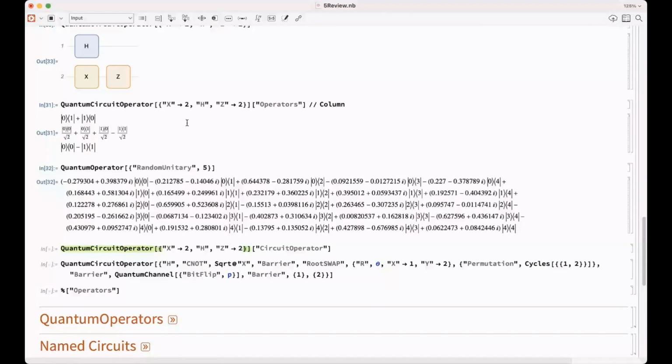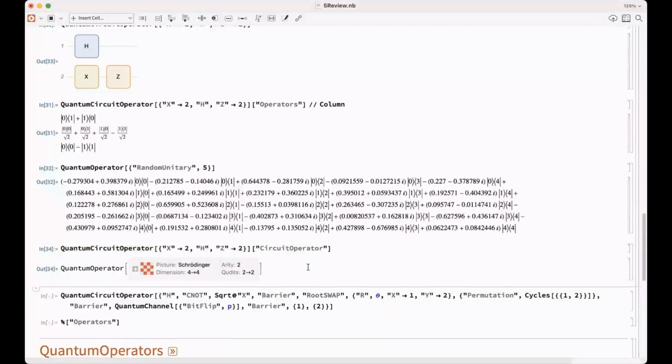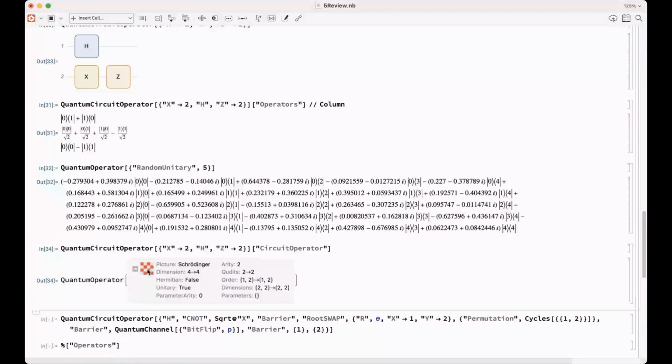The circuit operator gives you that result. For example, the quantum operator at the end is the result of applying all those operators on top of each other, and you get one big operator representing the circuit. So that's one way of looking at the circuit.